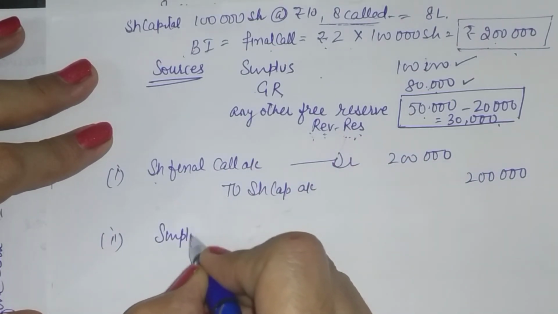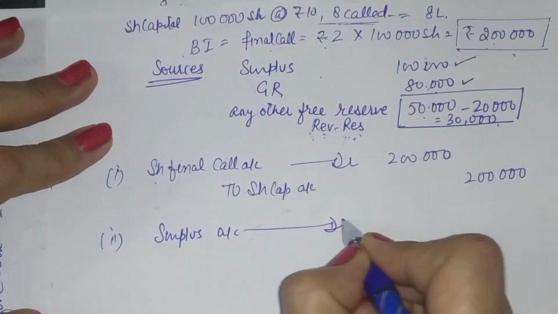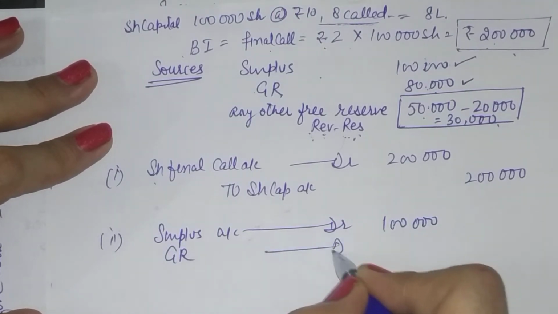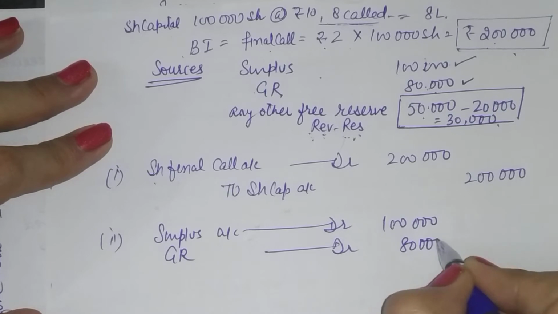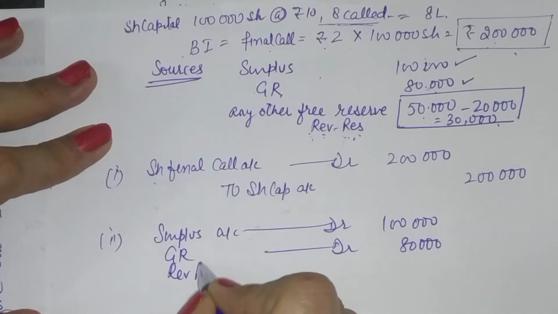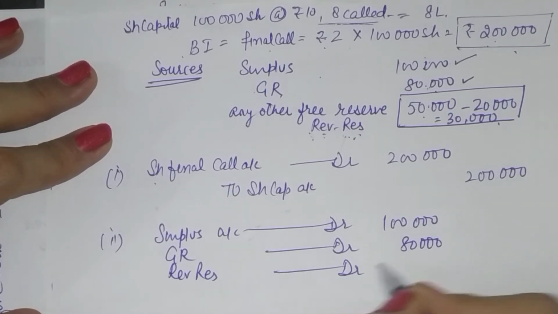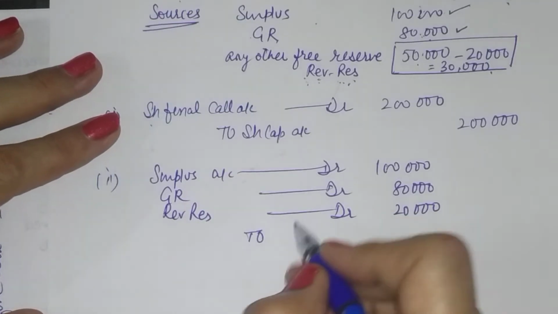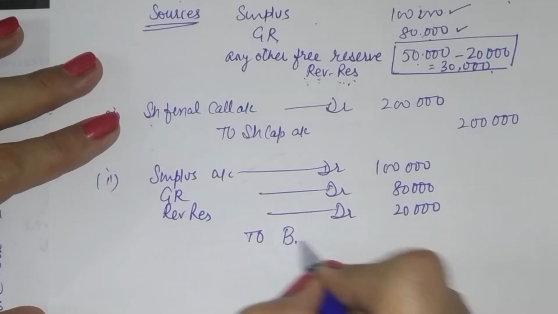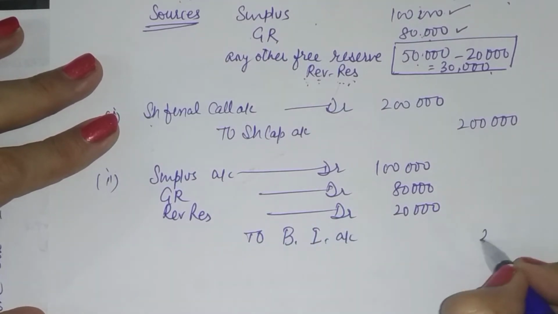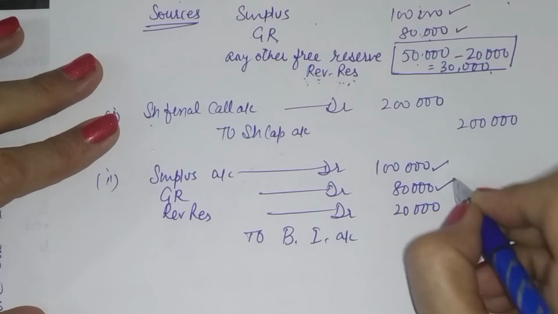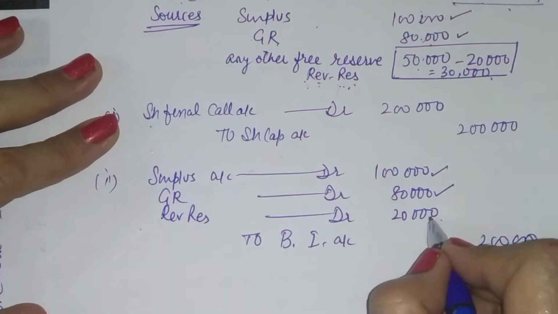So you will utilize surplus because you can use it up to any amount. You will utilize general reserve then, and for the balance you will utilize the remaining revenue reserve because your question stated to utilize it to the minimum possible extent. So your bonus issue is of 2 lakh. Out of 2 lakh, 1,80,000 is this and the balance is met out of revenue reserve.